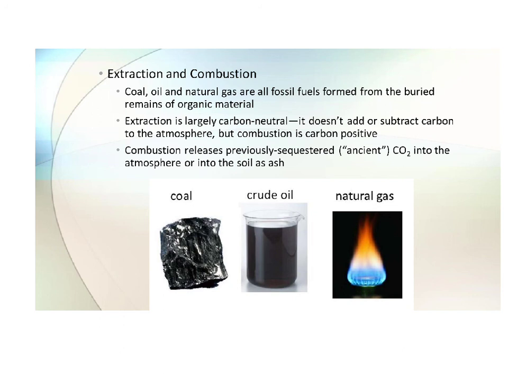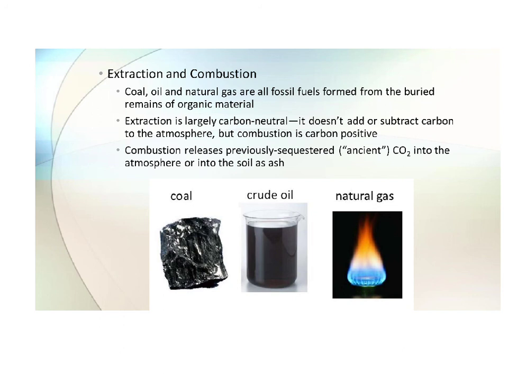Combustion releases this previously sequestered or ancient carbon dioxide back into the atmosphere or into the soil as ash. So I want you to think back to when we were talking about photosynthesis and cellular respiration. That is modern carbon, meaning it was recently in the atmosphere, it just cycled and it returned to the atmosphere. Combustion is releasing old carbon. The carbon in fossil fuels has been out of circulation.